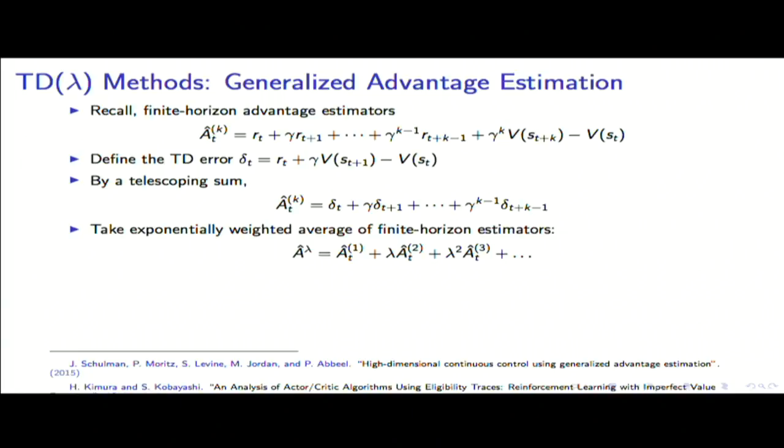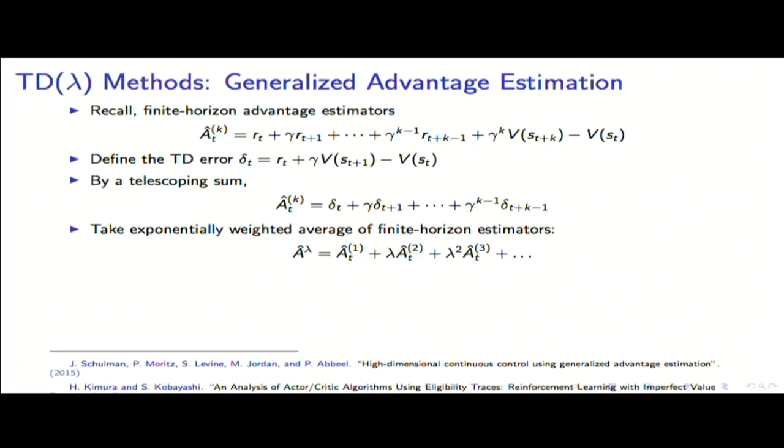Unfortunately, when you have the wrong state value function, which is the case in practice, the ones with small k have high bias, and the ones with large k have low bias. So what you can do is just take an exponentially weighted average of all of these. Oops, this should say times 1 minus lambda, so that it's actually an average. Let me write this properly.